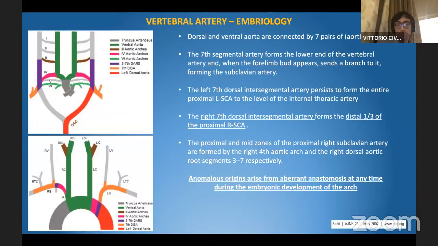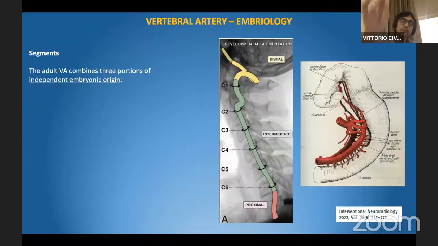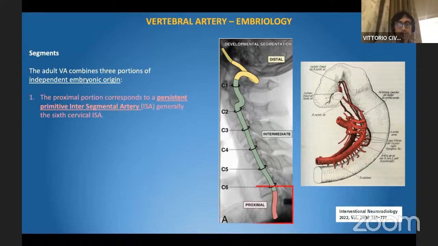So the point is that anomalous origins arise from aberrant anastomosis at any time during the embryonic development of the arch, and the time and location of these anastomoses will determine the ultimate adult anomalous origin. From an embryological point of view, the segmentation is a little bit different. We can identify three segments.